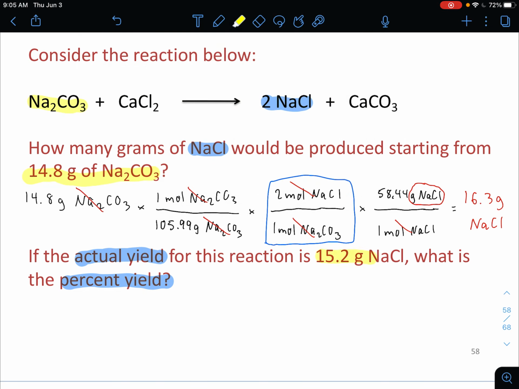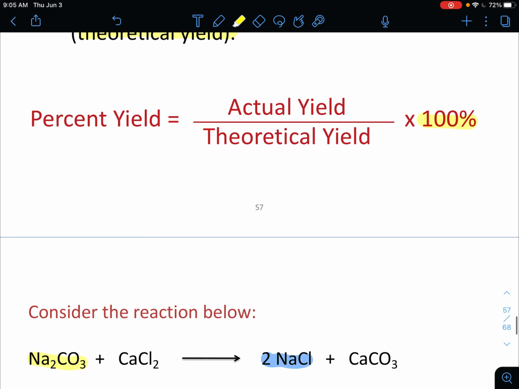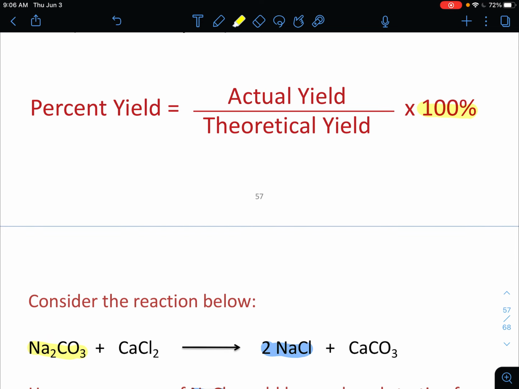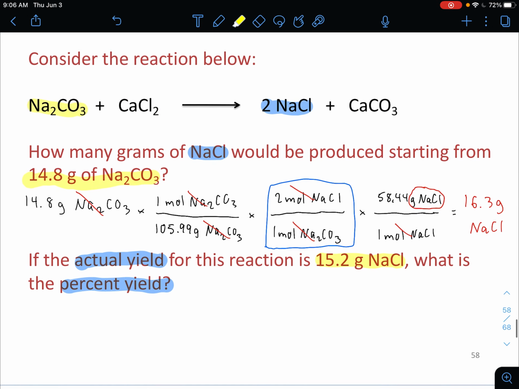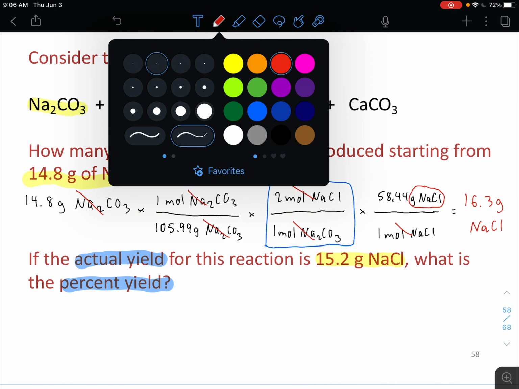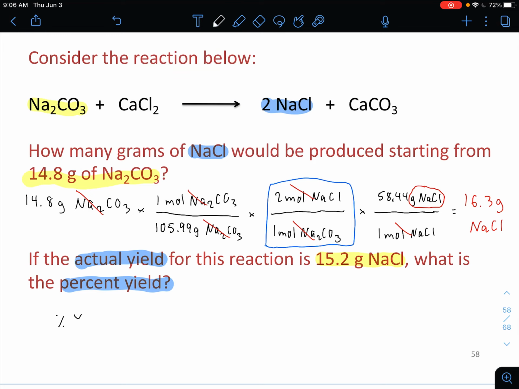Okay, so now we've been given this fictitious actual yield, which I just picked a number smaller than what I knew the answer was to the previous part, just to practice calculating the percent yield. So if we go back, right, percent yield is actual yield divided by theoretical yield times 100%. We have those values now, so we can go ahead and do that. So the percent yield equals 15.2 grams divided by 16.3 grams.